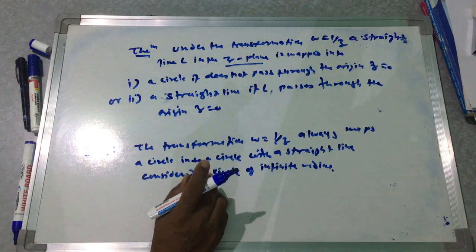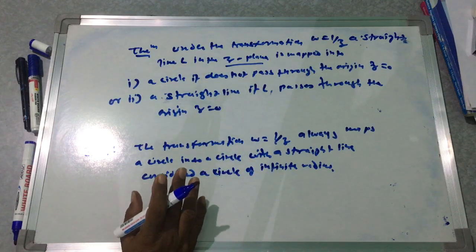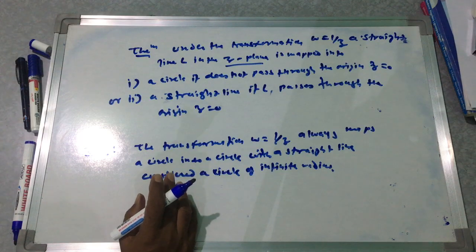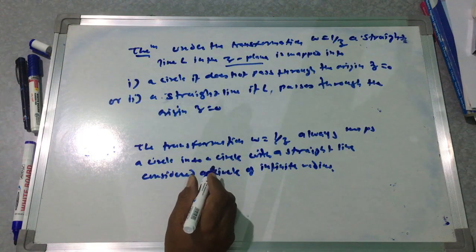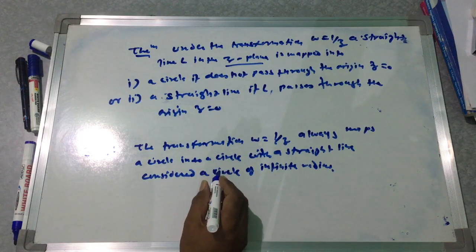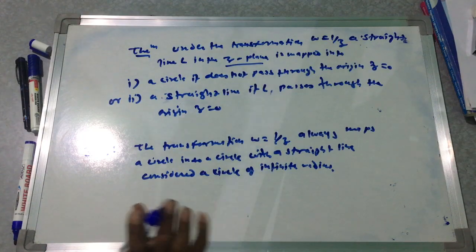So this is the transformation given. W is equal to 1 upon Z always maps a circle into a circle, with a straight line considered as a circle of infinite radius.